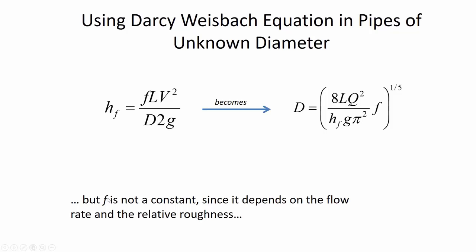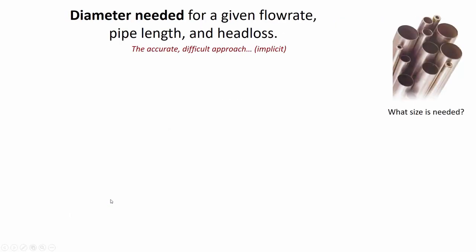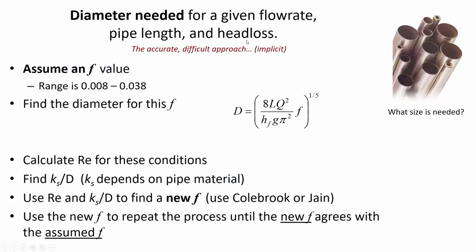So we have to do this in iterations, and that is what we're going to do with this accurate but a little bit more difficult approach for finding what size of pipe is needed. We're going to work through an example where we look at the diameter needed for a certain flow rate, for a certain known pipe length, and for a head loss that's known in advance.